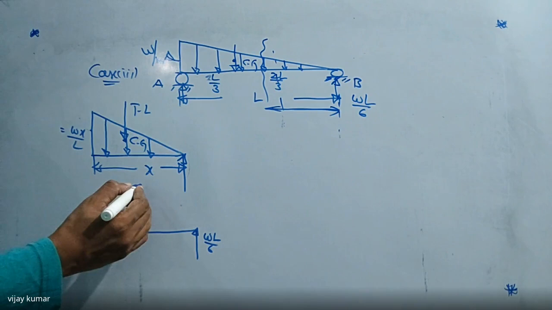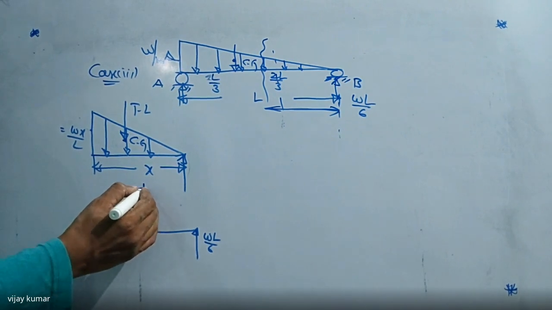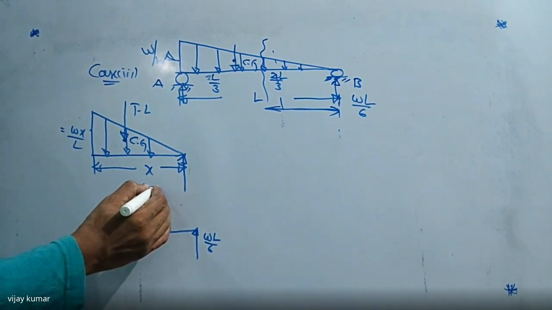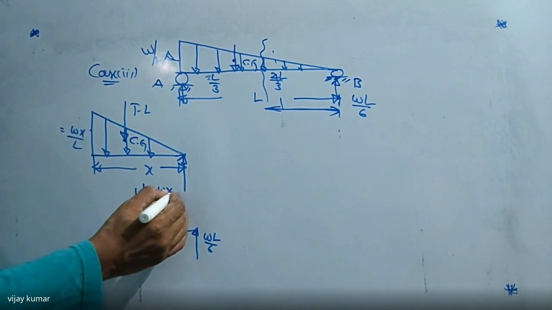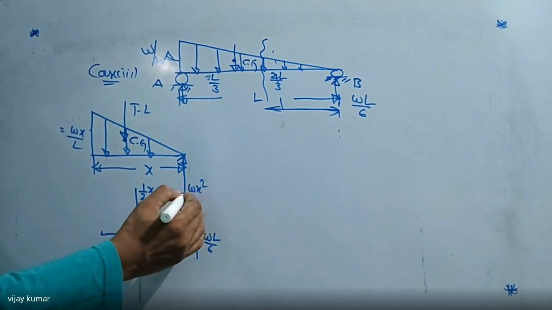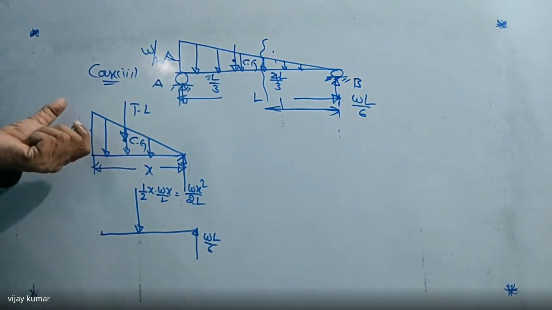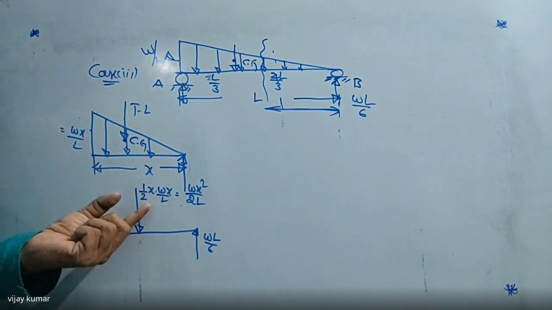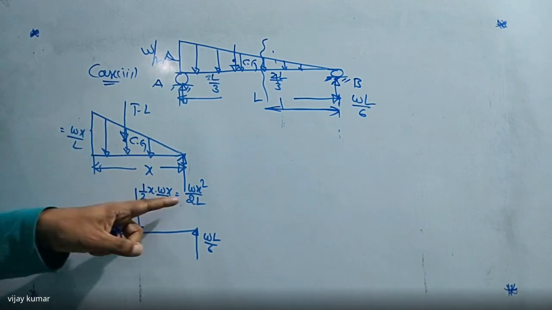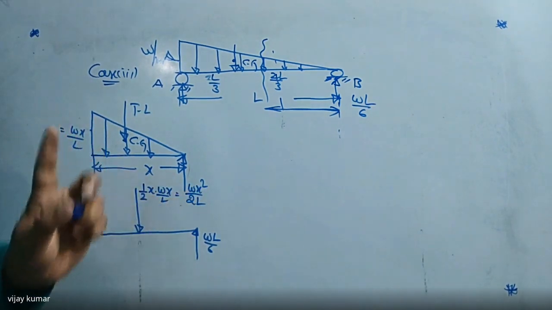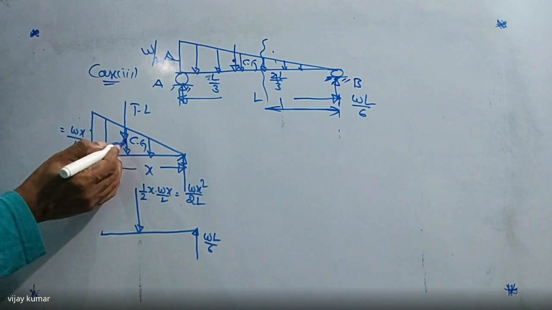Total load is nothing but half into base x into Wx by L, which equals Wx square by 2L. Half into base is x, height is Wx by L, so we get Wx square by 2L. That is exactly acting at the center of gravity.